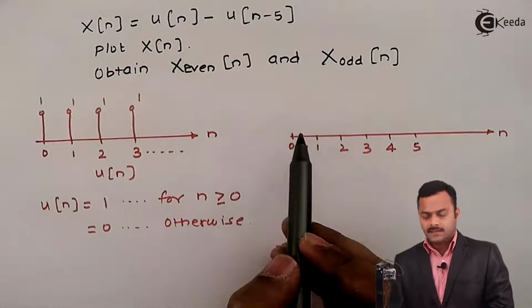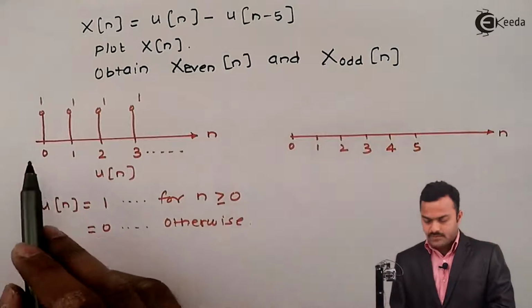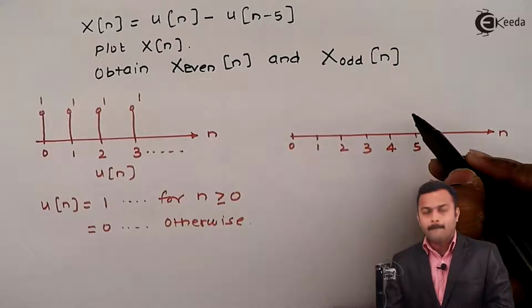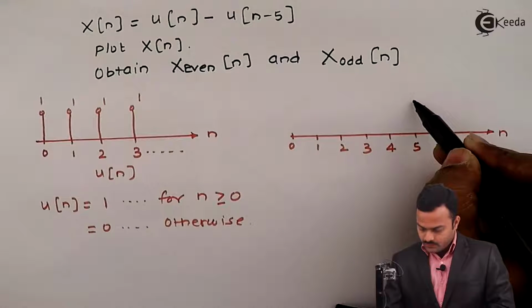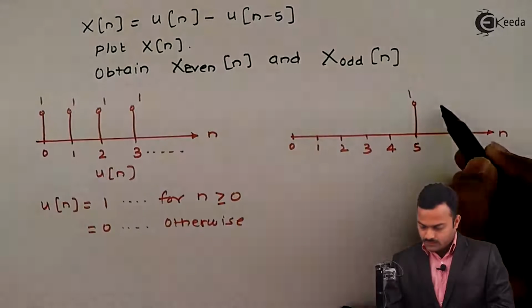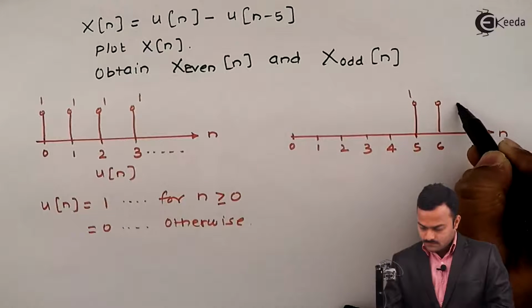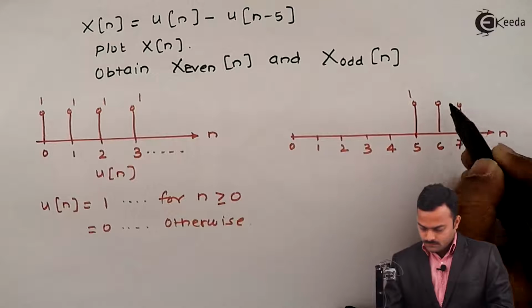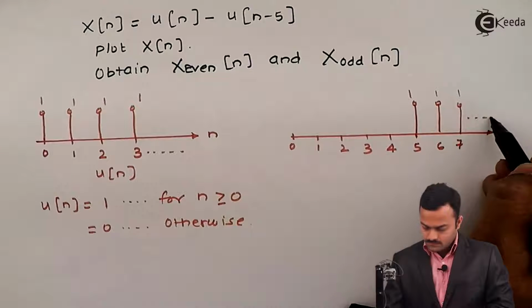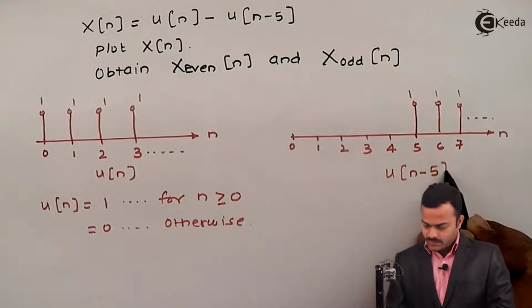It shifts, it is delayed by 5, that is what u of n minus 5 is. So we can have a signal from n equal to 5, and whose value will be 1 only. So this is u of n minus 5.